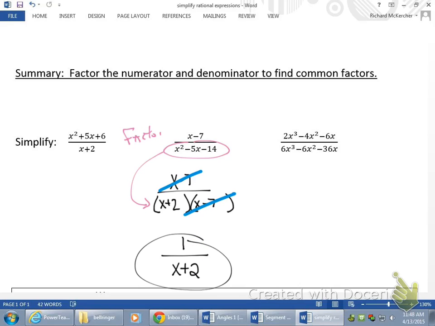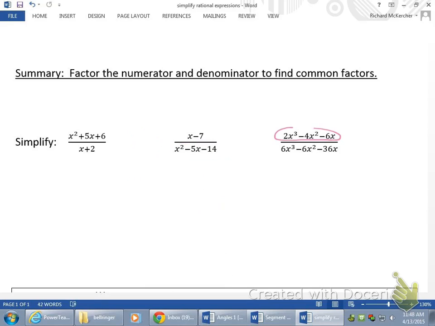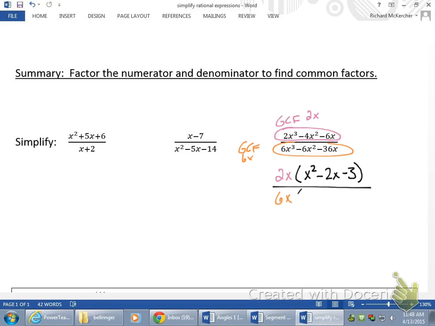Okay. This last example here is a little bit more complicated, but I recognize there's a GCF on the numerator, and then there's also a GCF in the denominator. So first things first, I always take out those GCFs. After I do the GCFs, I recognize I can still factor these a little bit further, so I do that.